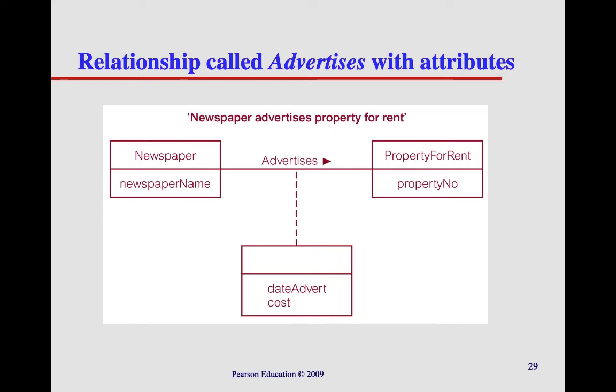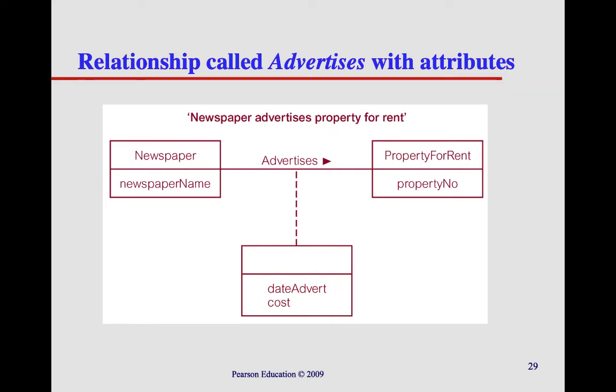Or we may have some limit. A newspaper can advertise at most 10 properties. So then we'd write 0..10 to indicate that a newspaper can advertise a maximum of 10 properties.